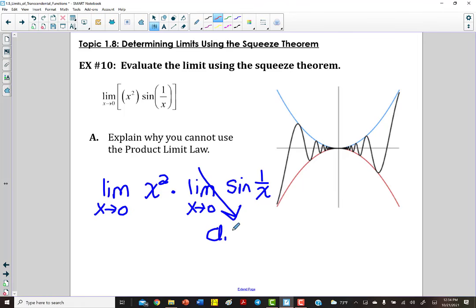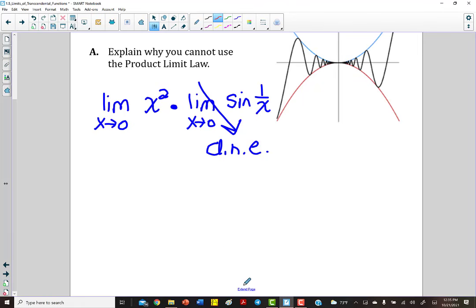So we can't use the product limit law that says if you have the limit of a product, you can take the product of the two limits. But when one piece doesn't exist, we can't do that.